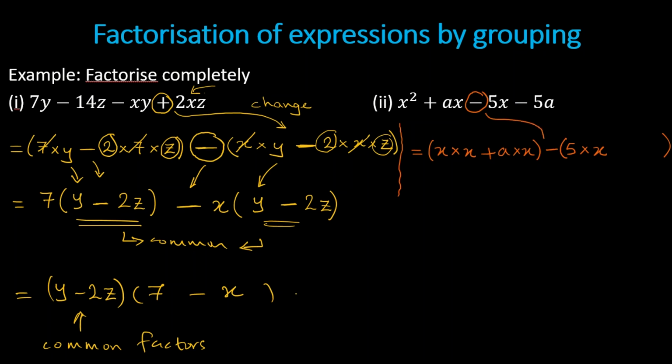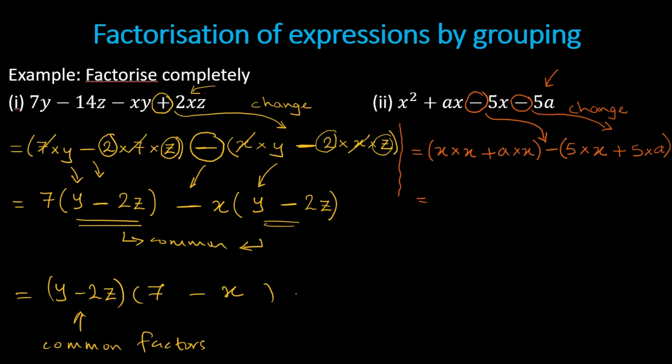Since you have removed a negative sign outside, what happens to the next sign, which is after the negative? It has to change. Minus becomes plus. And the last term is 5a, simply 5 times a.